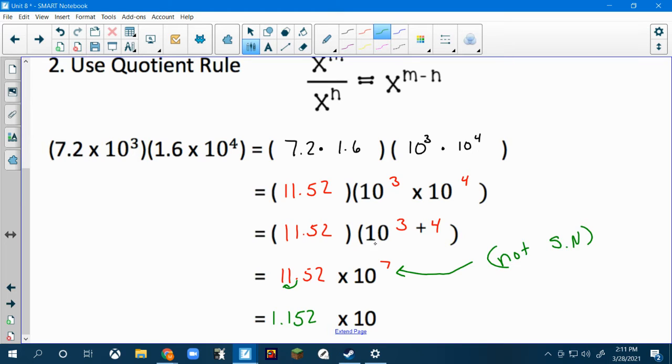And since we moved the decimal to the left and made it smaller, the exponent has to get added the number of spaces we moved. So we moved 1 space to the left, so I have to do 7 plus 1, which is 8. Then that is scientific notation.